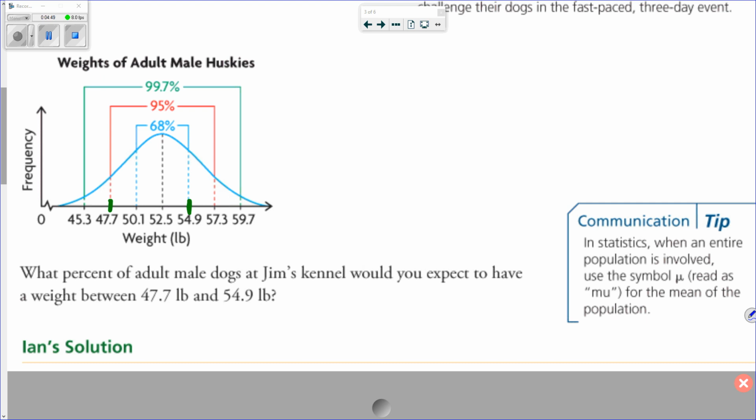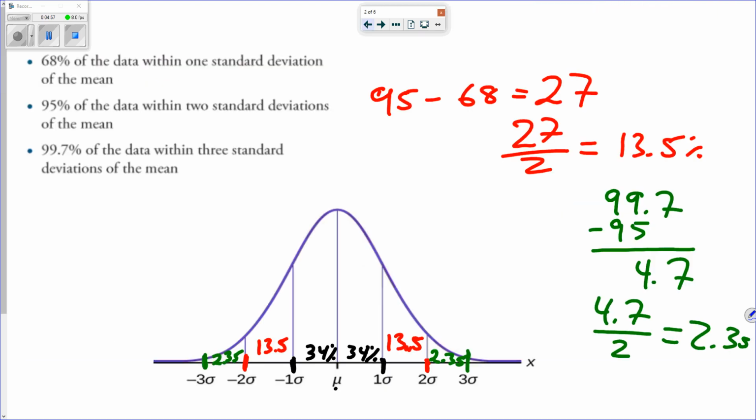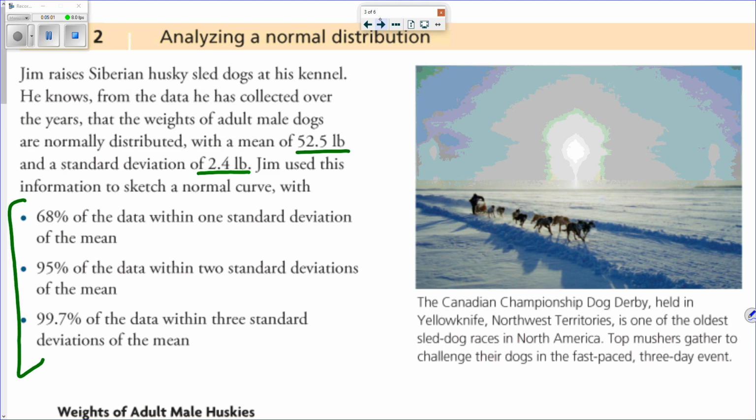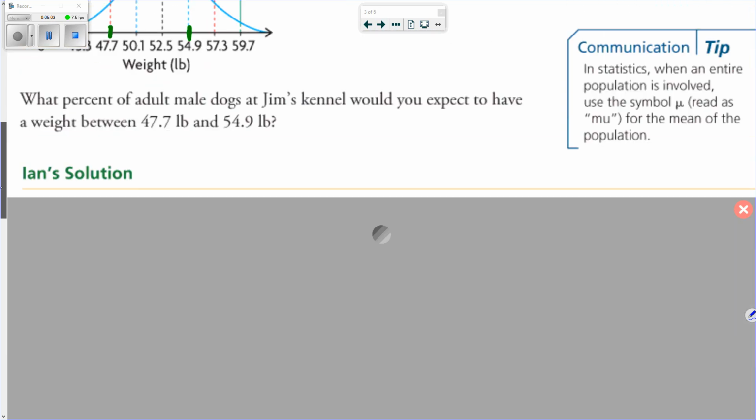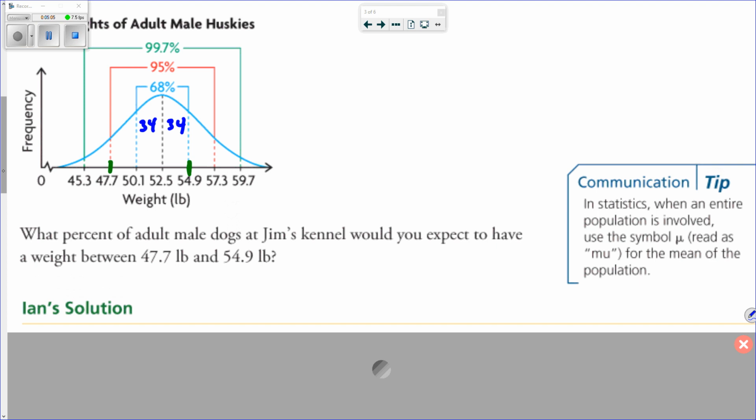So we know that this is 34%, this is 34%, and if we flip back, we know that this is 13.5%.